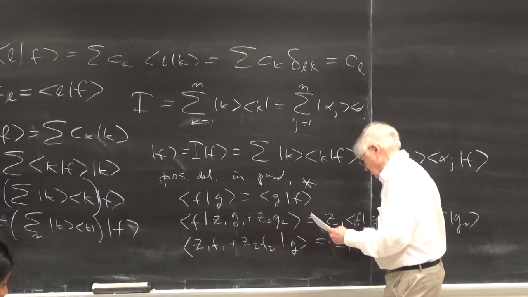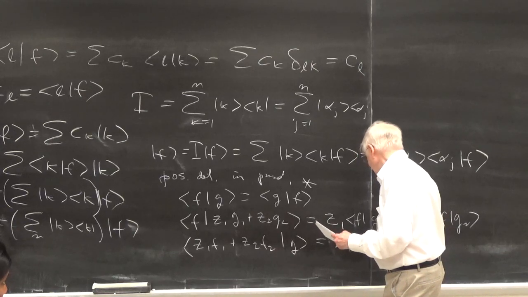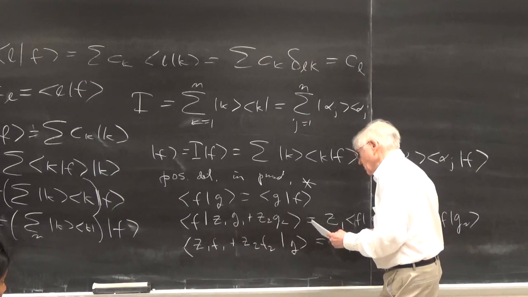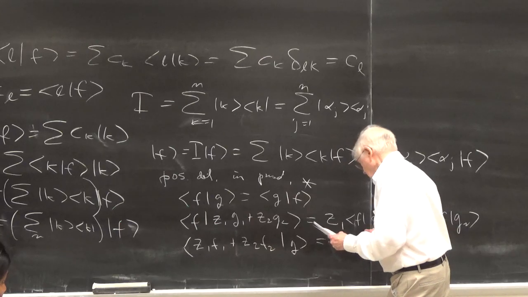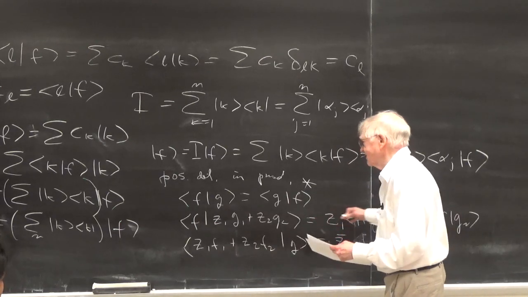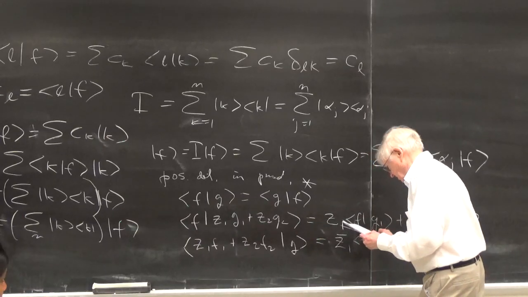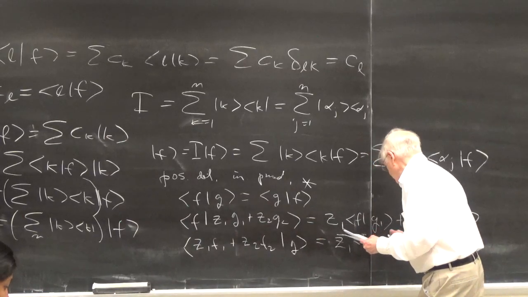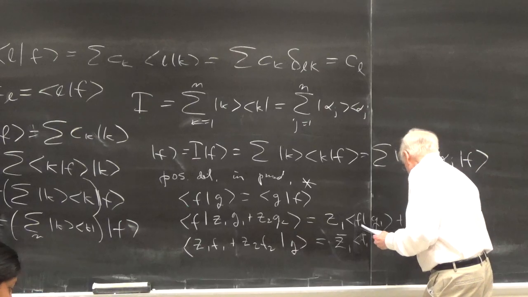It's z1 complex conjugate <f1|g> plus z2 bar <f2|g>. Well, it's not really the complex conjugate because the notation is a little bit different.